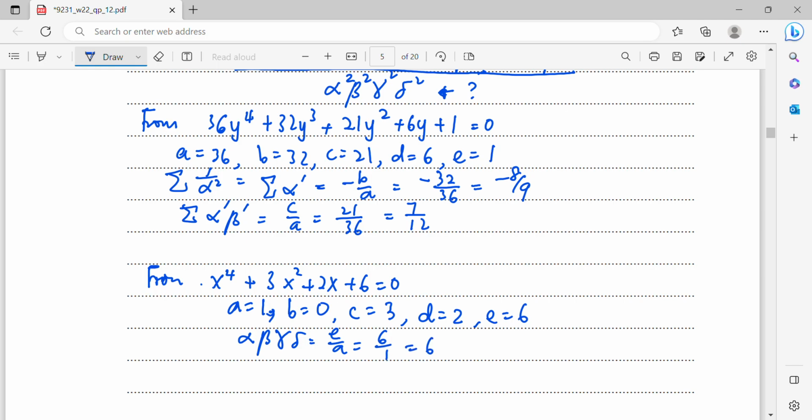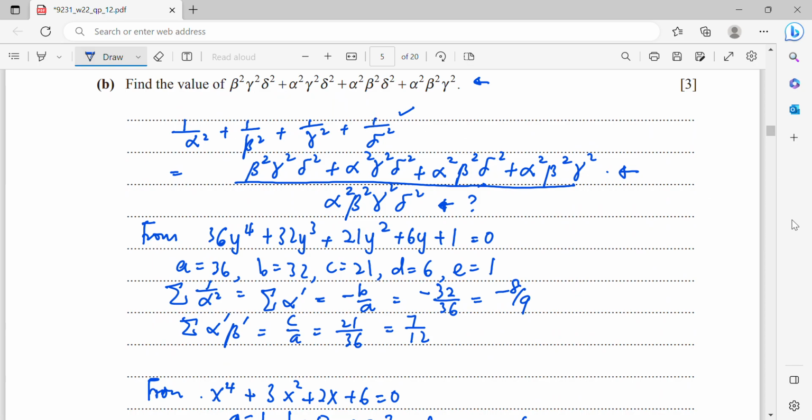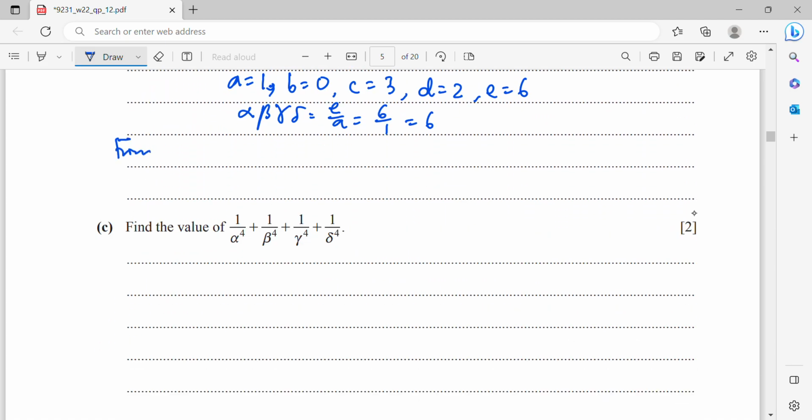Now, from here, I will write my equation. Let this be the first equation. I rewrite it so that my numerator is the subject. So from the first, the numerators are beta squared, gamma squared, delta squared, plus alpha squared, gamma squared, delta squared, plus alpha squared, beta squared, delta squared, plus alpha squared, beta squared, gamma squared.